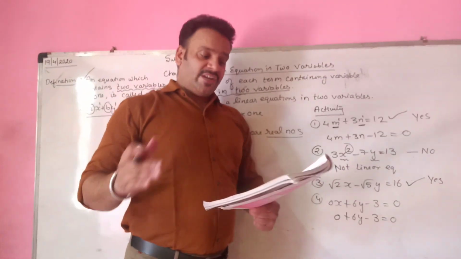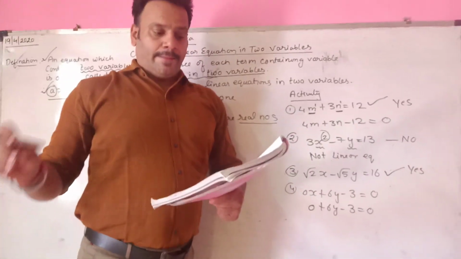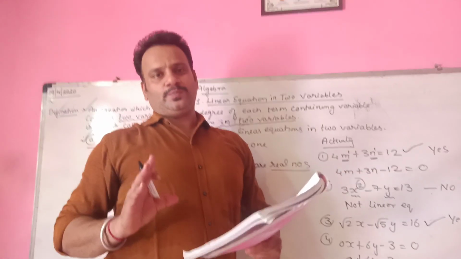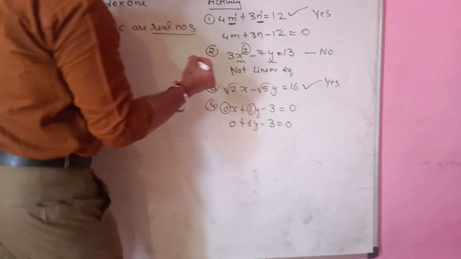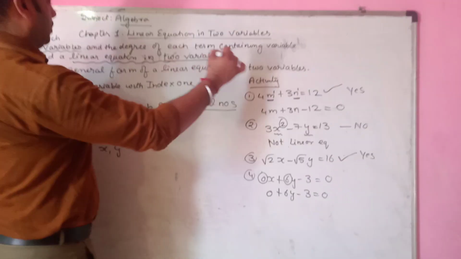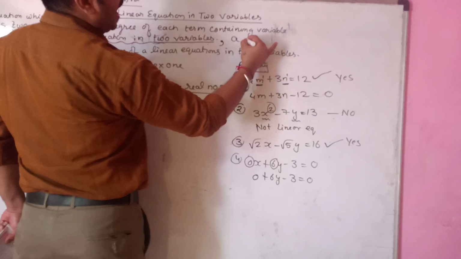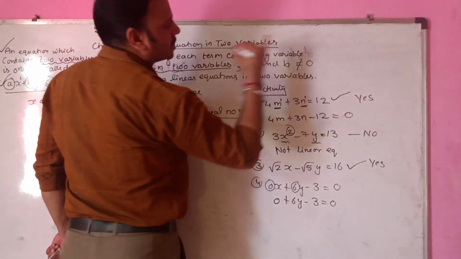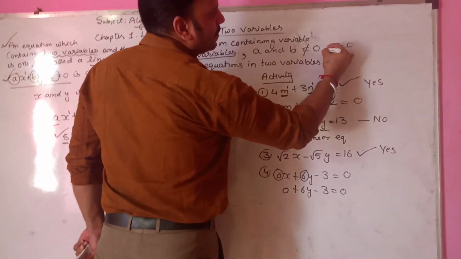See here, in the definition we can see that a, b, c are real numbers, but a and b should not be equal to 0. So I will add here that a and b should not be equal to 0. c can be equal to 0.